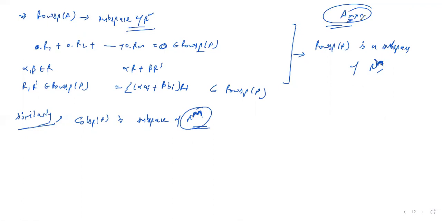This is to note, for a matrix A of size m cross n. You can get it because if I take the row R1, which is a11 to a1n, this belongs to R to the power n.